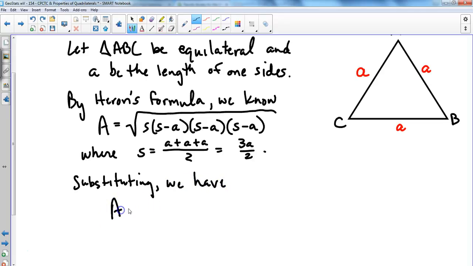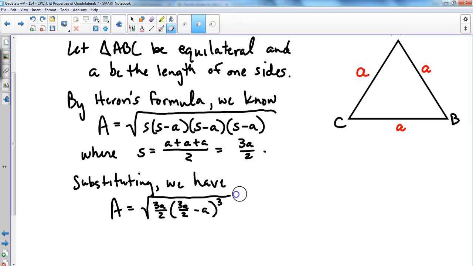We have that the area is equal to the square root of, and then S is 3A over 2, and then just plug in for S up here. So we have 3A over 2 minus A, and that expression is actually cubed. So we have 3 of those. All right, simplifying here.